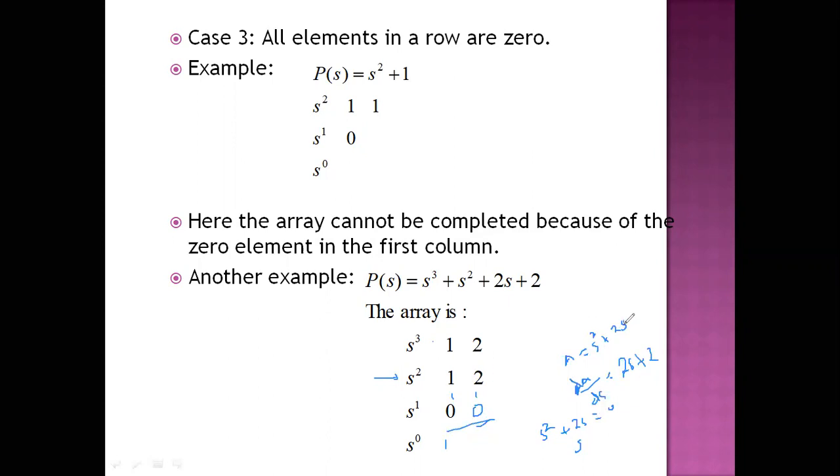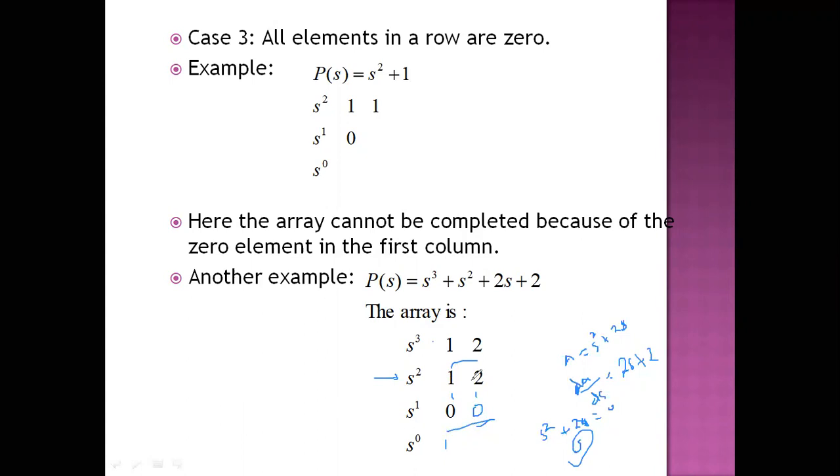This is not, for example, this is s square plus 2. So we'll get 2s only, and here it is 0. While formulating the auxiliary equation, you have to take only the alternative terms.